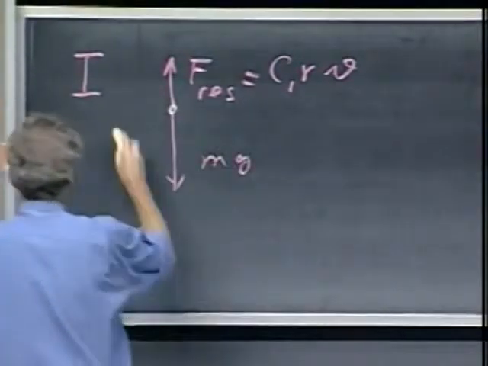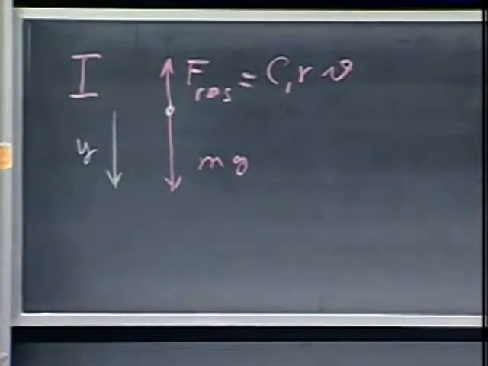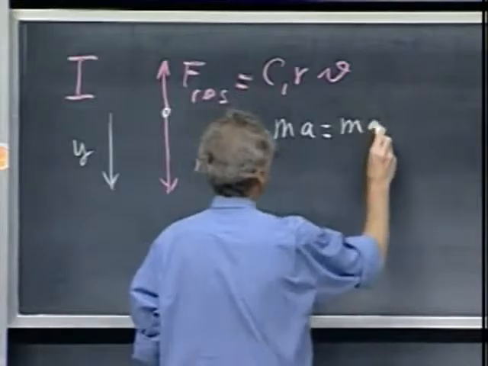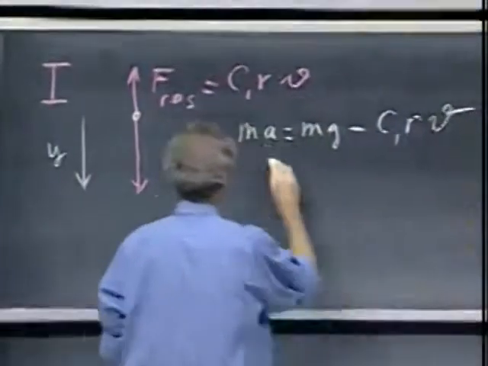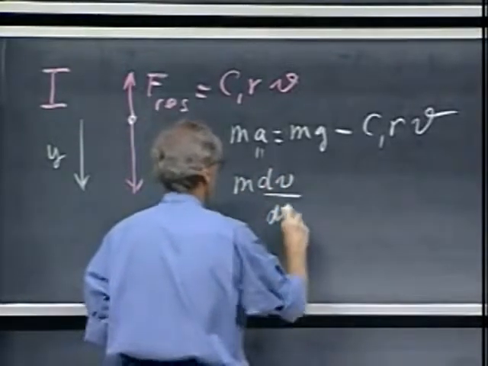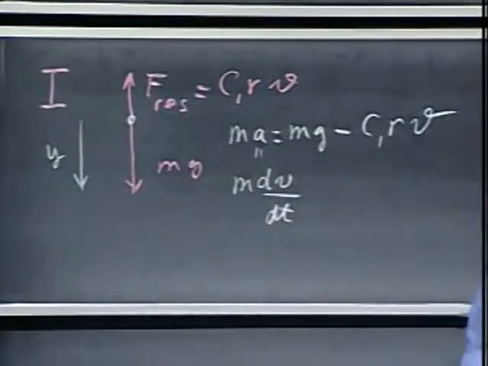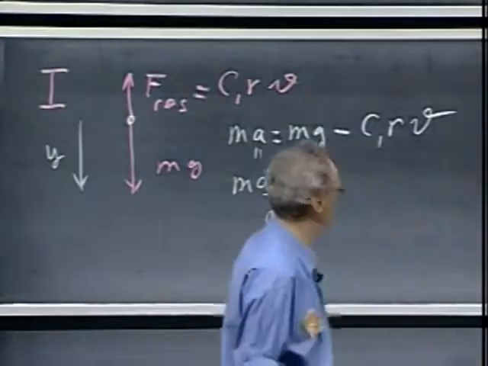And so if I call this the increasing value of y, Newton's second law would give me ma equals mg minus C1 R times v. And this equals m dv/dt. So I have here a differential equation in v. And that can be solved, and you're going to solve it on your assignment number 4.